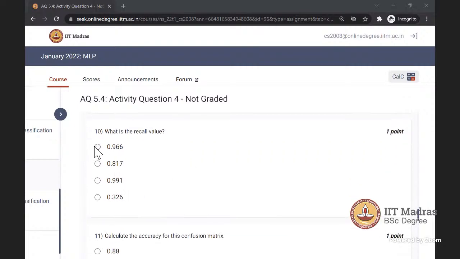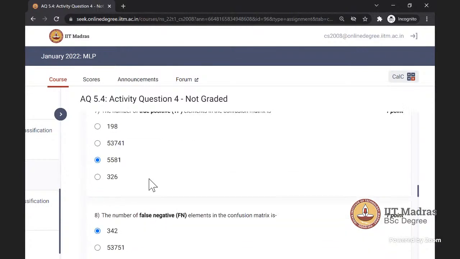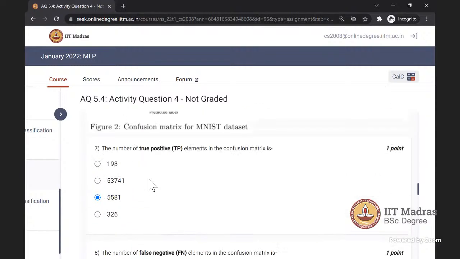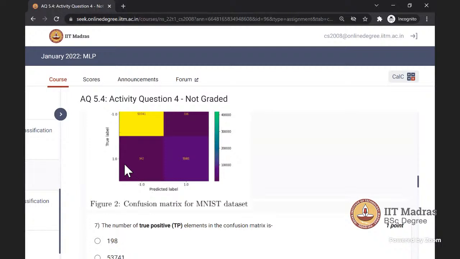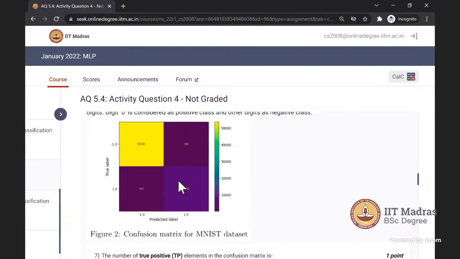Recall is true positive divided by true positive plus false negative, so 5581 divided by 5581 plus 336.